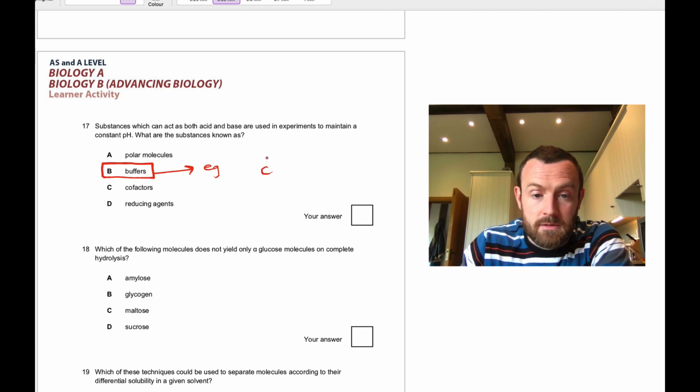An amino acid has its R group, double bond O, OH, here's a hydrogen, and then over here we've got the amine group.